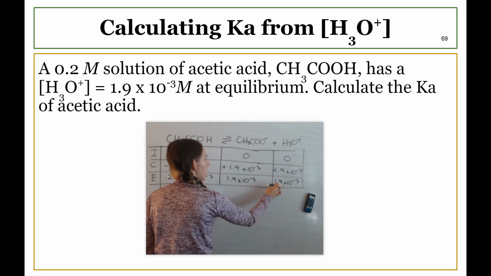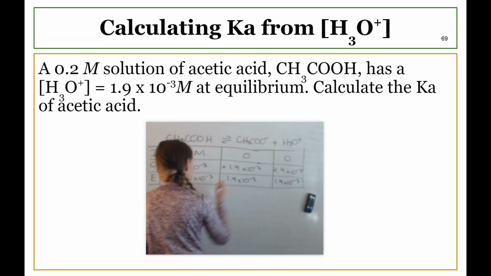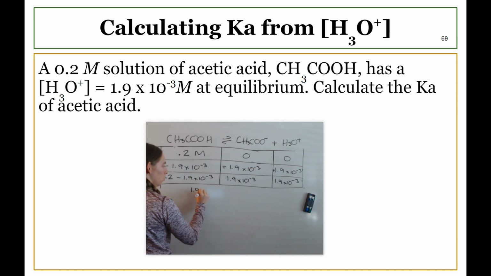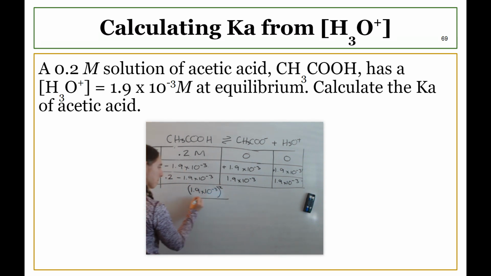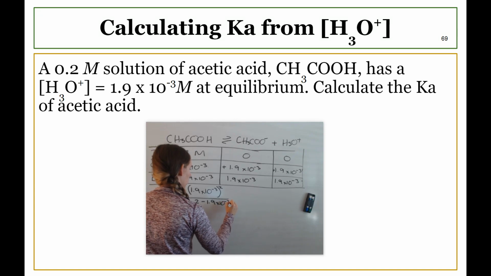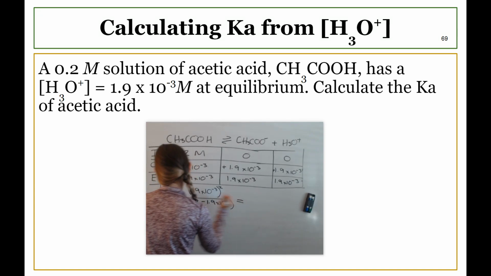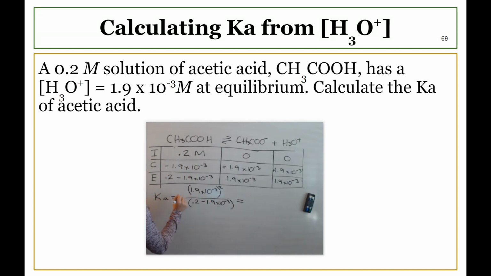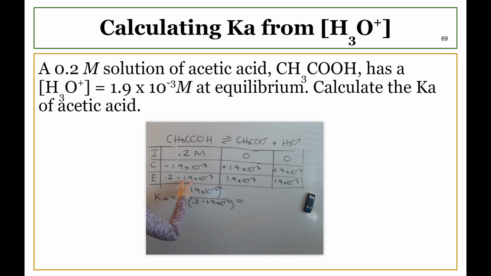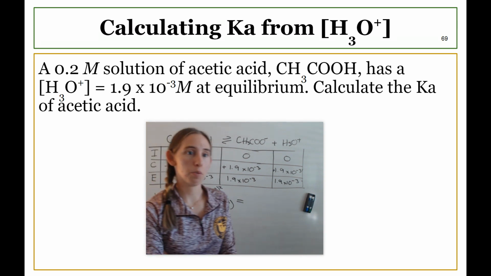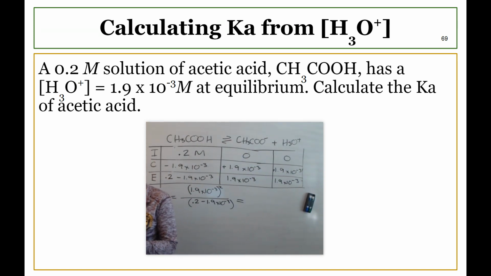Here's your Ka equation, you have these two on top multiplied together, which means we are squaring that value, and then divided by your 0.2 minus 1.9 times 10 to the negative 3. Here's your CH3COO minus times H3O, your products, divided by your reactants. And all of these values are at equilibrium, which is important.